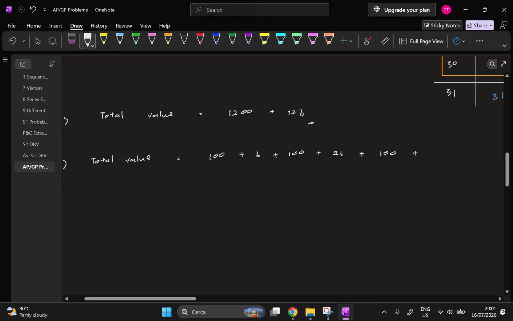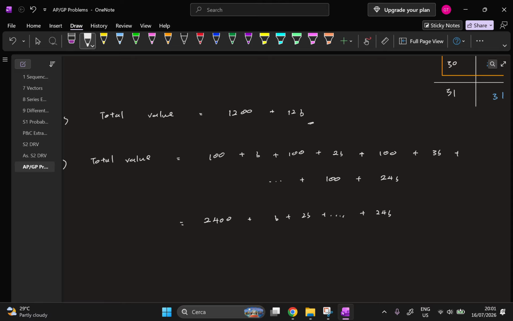Then the bank will add in 3B, and so on, all the way until the last 100, and then the bank will add in 24B. So this will be 2400 plus B plus 2B, and so on, plus 24B.